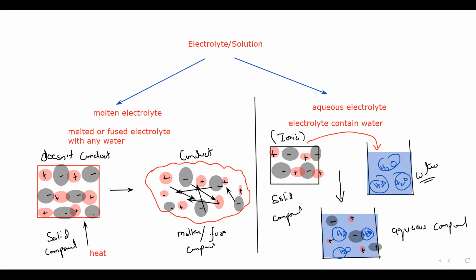The water molecules collide with these ions and separate them from each other. We call that an aqueous electrolyte or aqueous compound. So in the exam, you have to practice the electrolysis of both aqueous compounds and molten compounds. Today we'll start with the electrolysis of molten compounds.